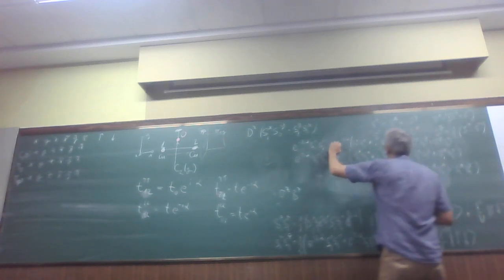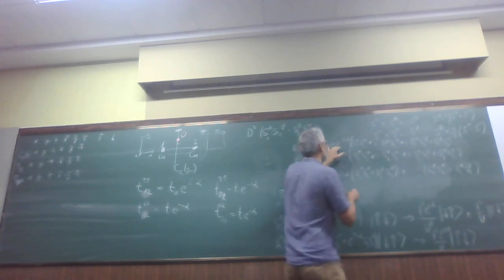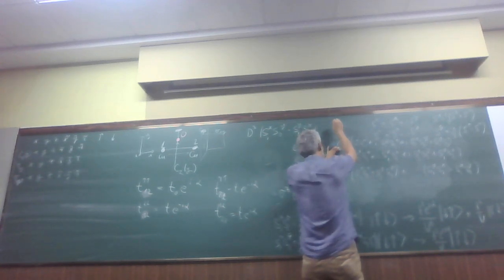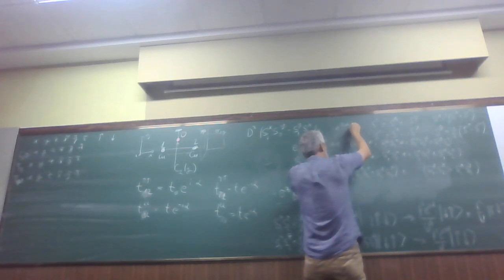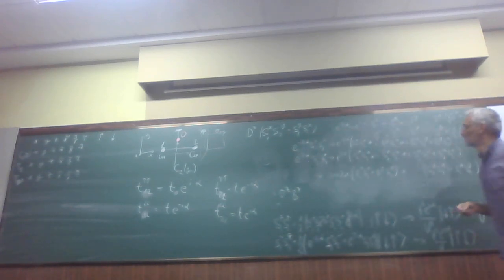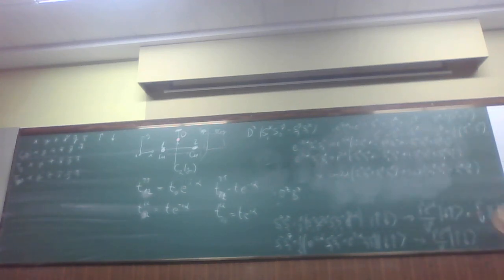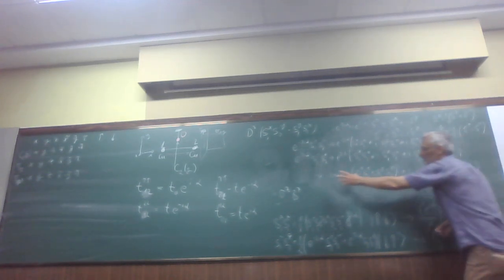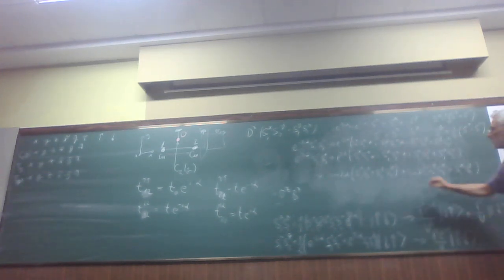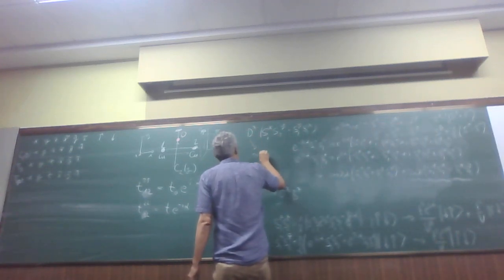In front, I have i times this minus i times this. So we have i times e to the minus 2i alpha plus i times e to the 2i alpha, and this is nothing else but sine 2 alpha. There are some factors of 2 that disappeared, but what is important is that we have this cosine alpha, sine alpha, and then we recognize immediately that the DM interaction here is proportional to sine alpha.